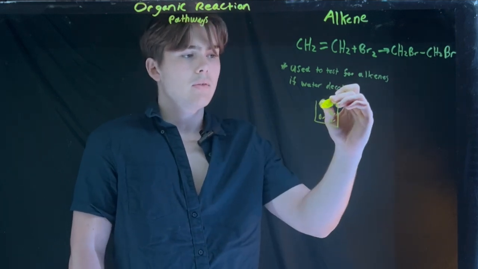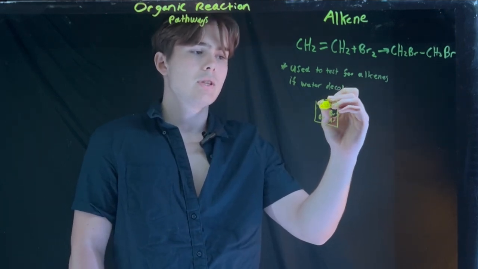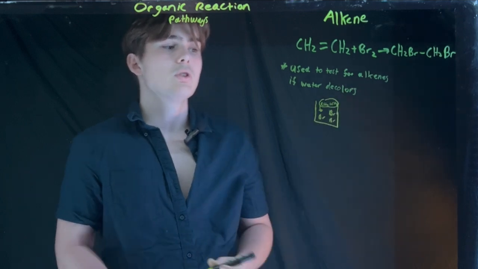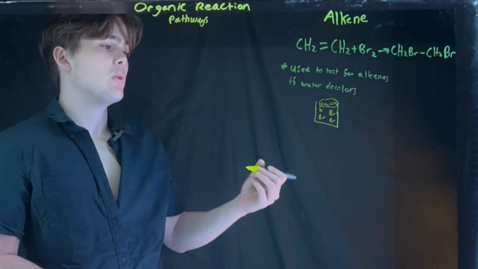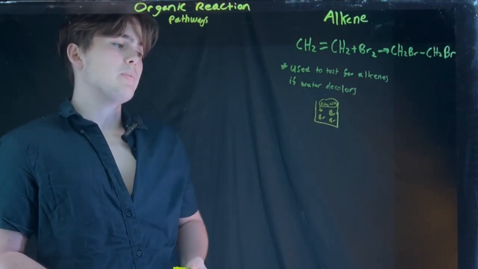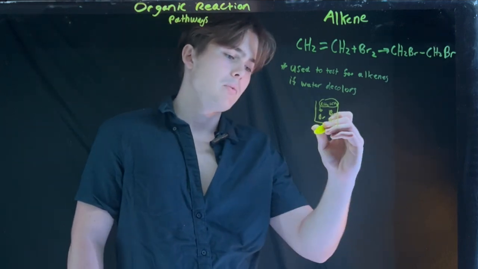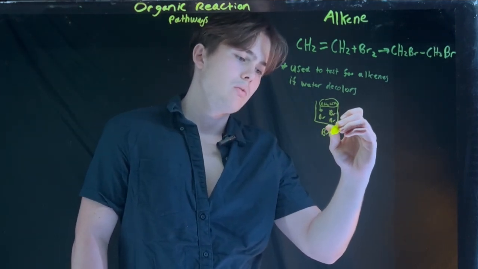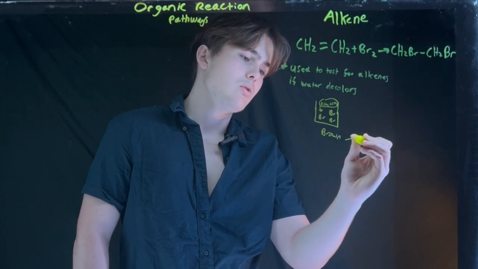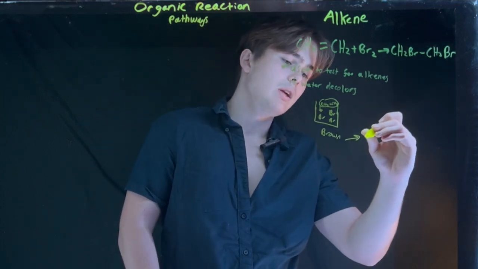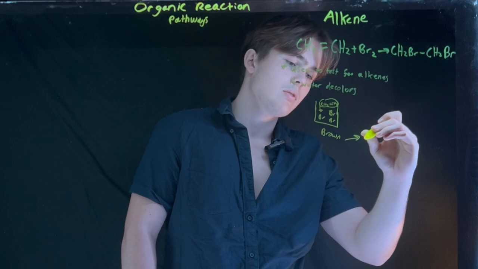If I put ethene into this beaker, which has bromine water in it, then this beaker is going to go from brown to a clearer color. It's going to decolorize.